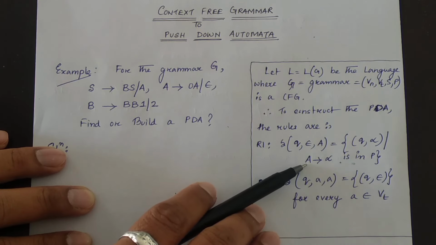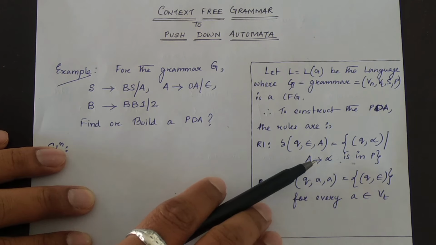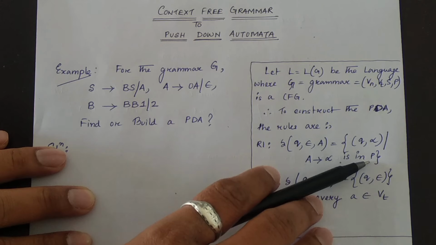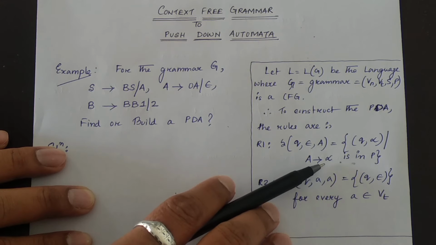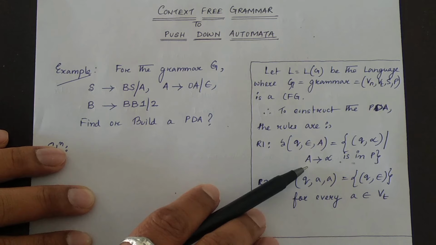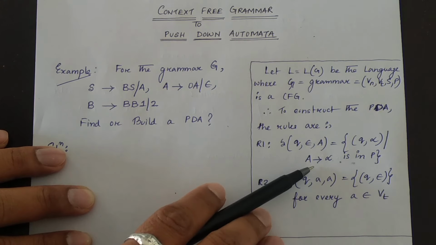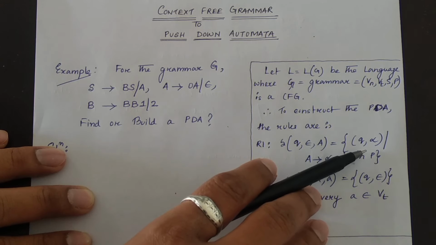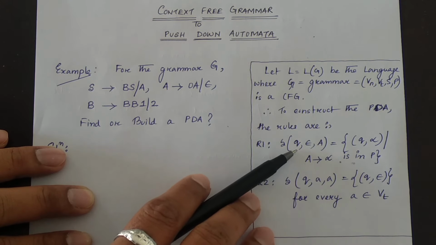If there is a single non-terminal symbol that derives alpha in P, alpha can be a non-terminal, can be a terminal, can be a combination of both, or can be epsilon, correct? Clear? So if you get a production in this form, then you have to write down the transition function in this format.